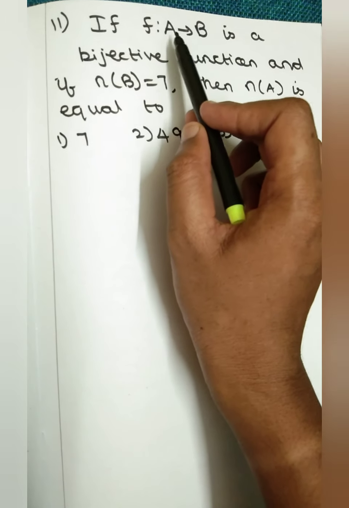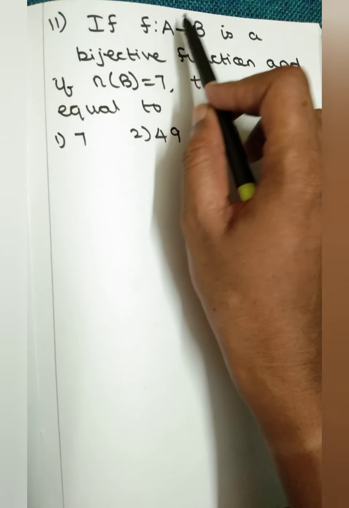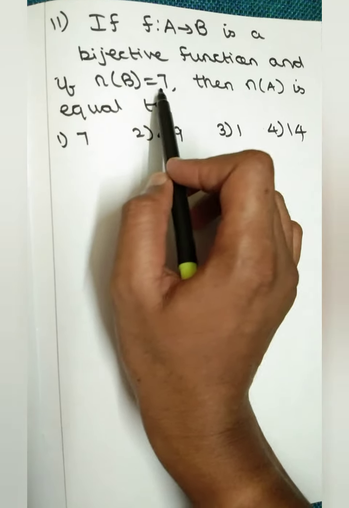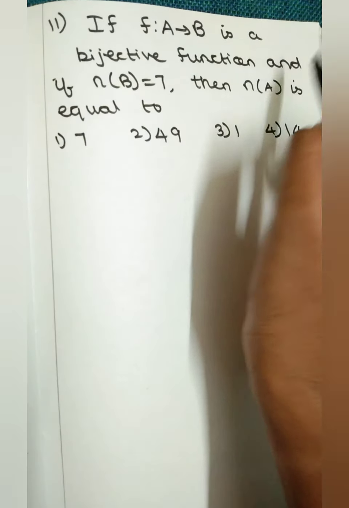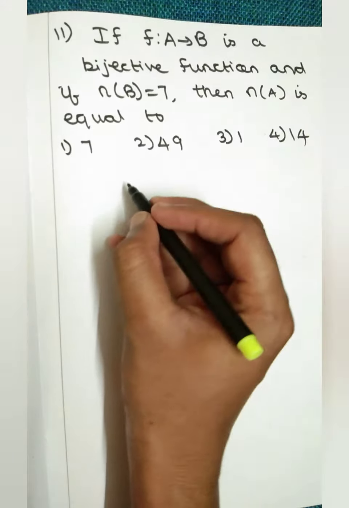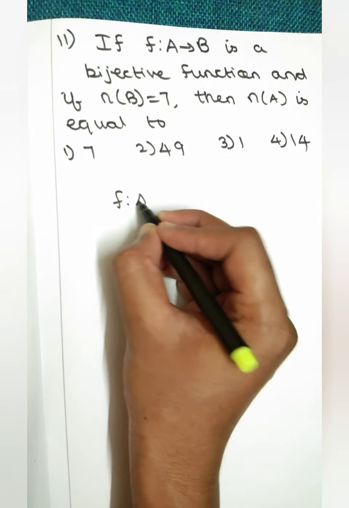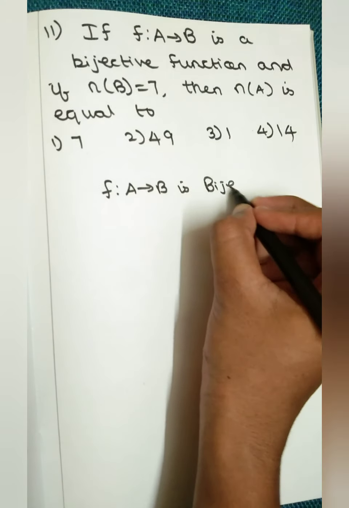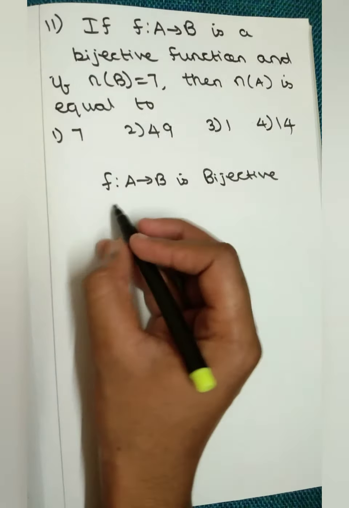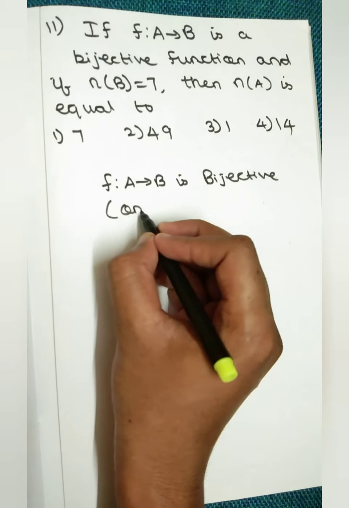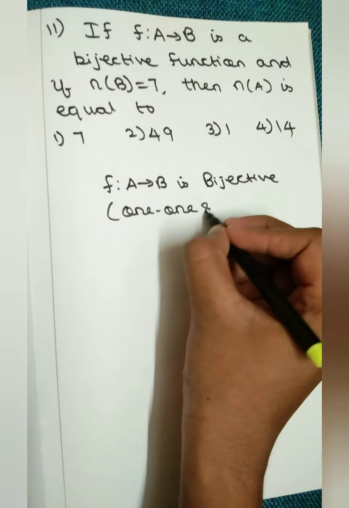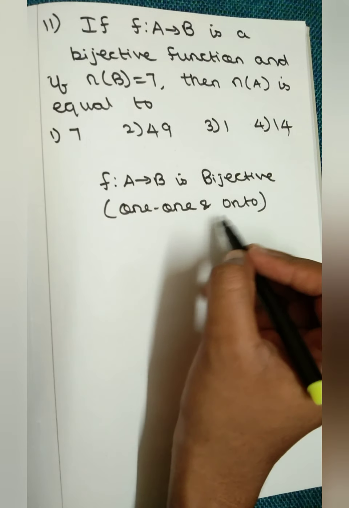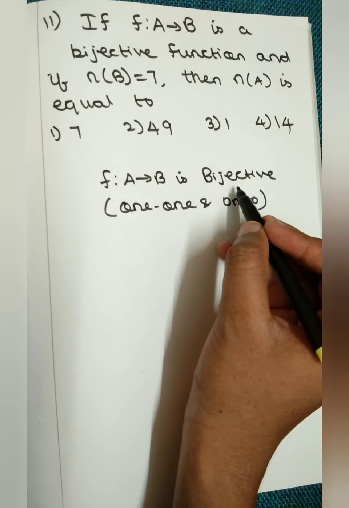Here they have given a function f from A to B, which is bijective. n of B equals 7, and we want to find the number of elements in A. Bijective means it is both one-one and onto. A function which is both one-one and onto is called a bijective function.